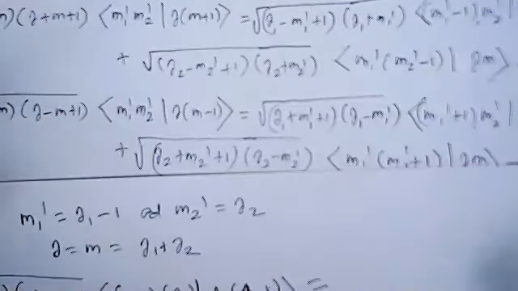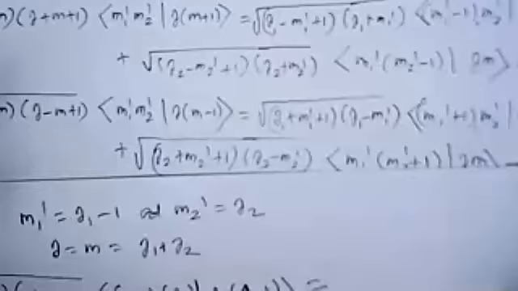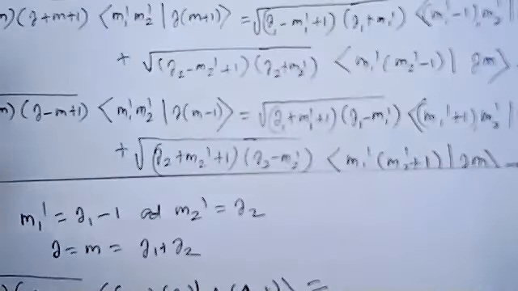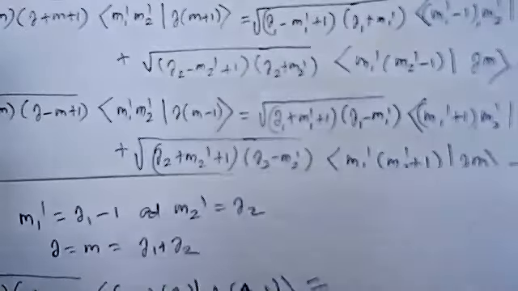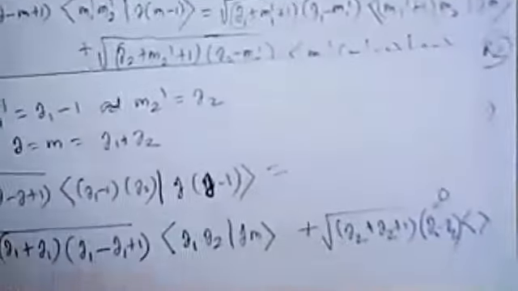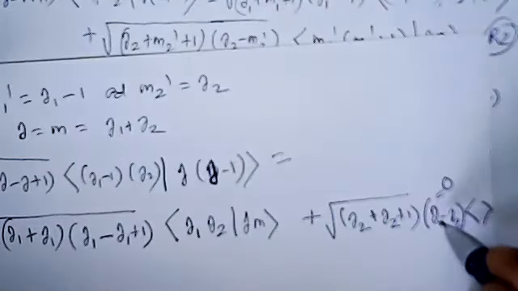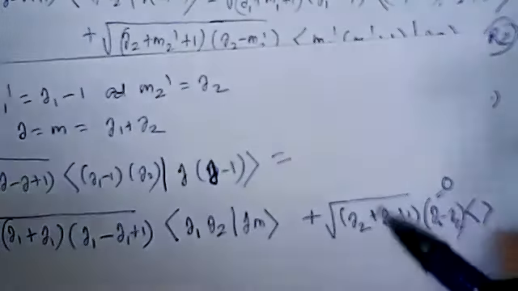Since m2 dash is j2, j2 minus j2 is 0. That scalar product remains there, we don't have to write it. So this second term becomes 0, earlier the first term became 0. Simplifying, you get 2j root of 2j, plus 1, then j1 minus 1, j2.